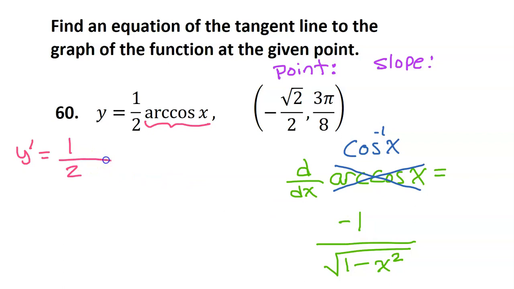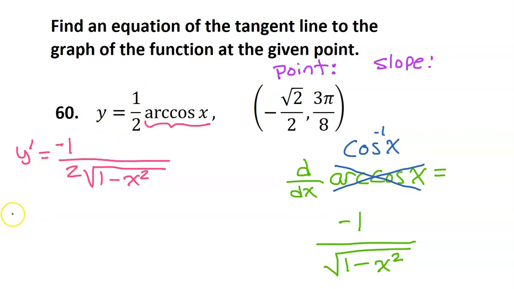So I think I'll just stretch this out, and I will turn this one into a -1 because of the rule, and I will put the square root right here. So I have 1 minus x squared. So that's it for the derivative.